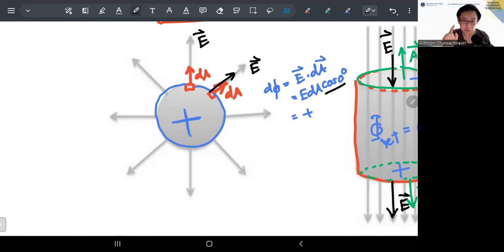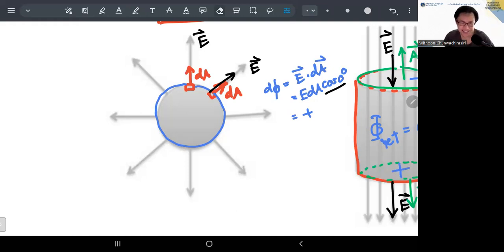One more time: when you look at the surface of this sphere, and you found that the total net flux through this surface is positive, it means the electric field is piercing out of this sphere. My question is, where do you think this flux comes from?